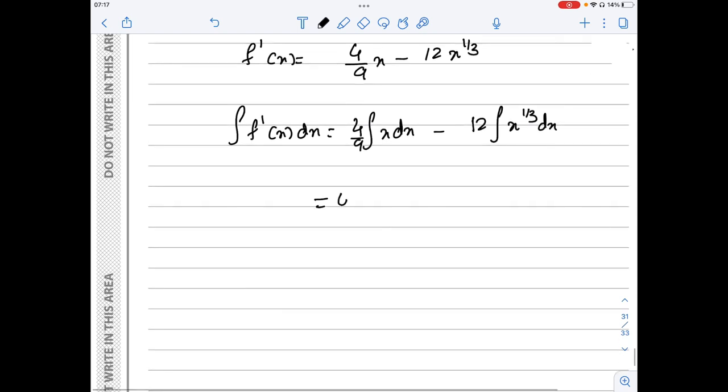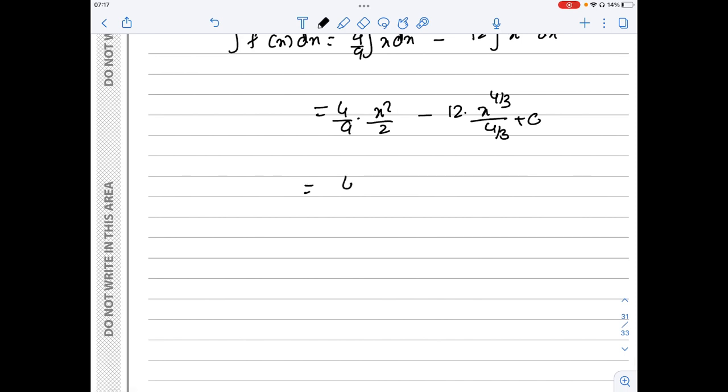So it becomes 4 upon 9 times x square upon 2 minus 12 times x power 4 upon 3 upon 4 upon 3 plus c. So it becomes 2x square upon 9 minus 9x power 4 upon 3 plus c.